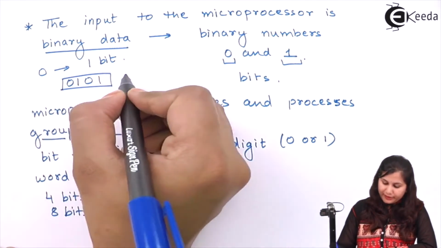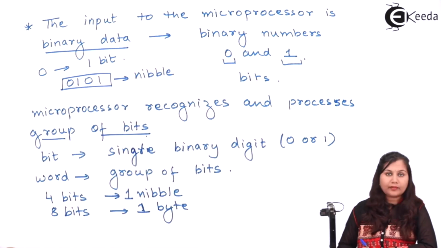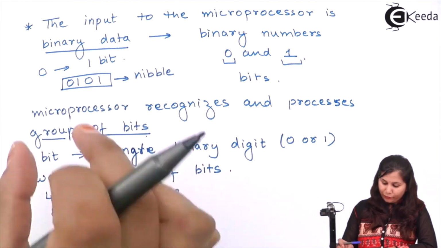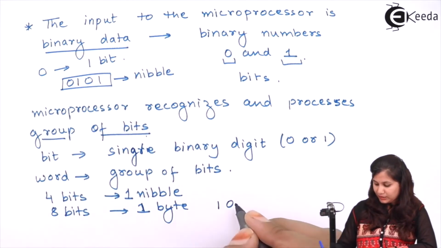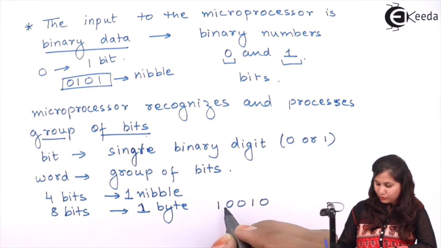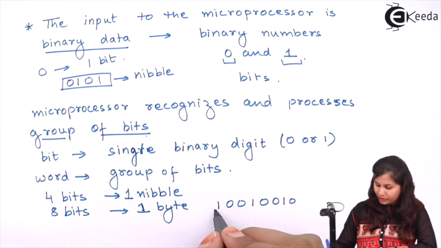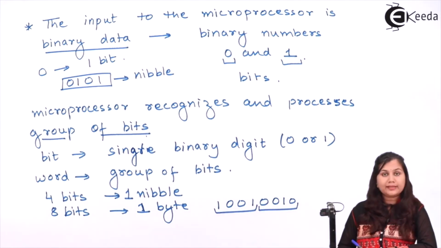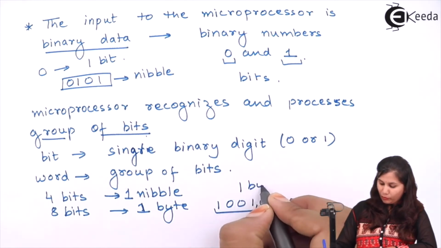Now these 4 bits combined form one nibble. Suppose, just like 4, we have a combination of 8 bits like 1, 0, 0, 1, 0, and so on. These are 4 and 4, 8 bits. Now these 8 bits combined will form one byte.